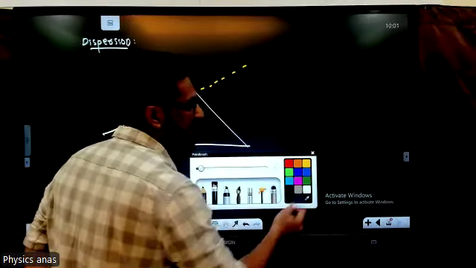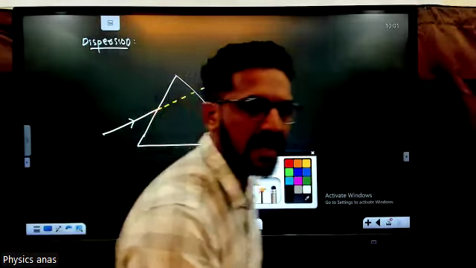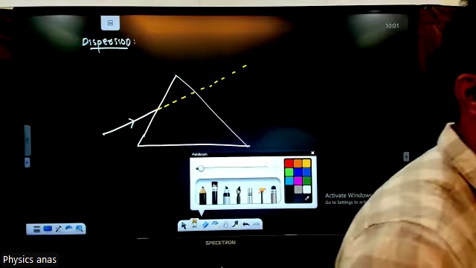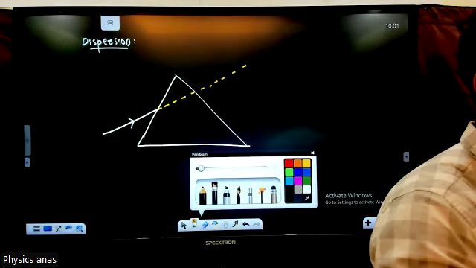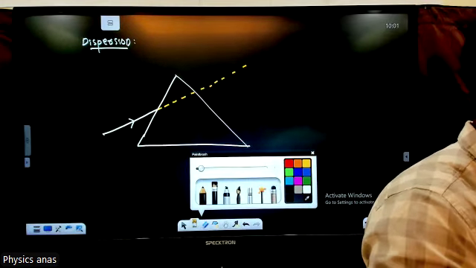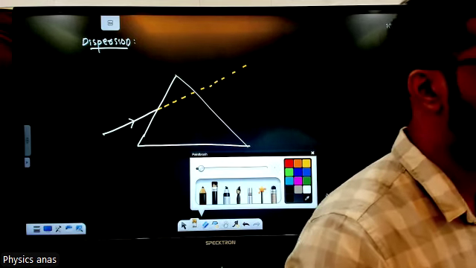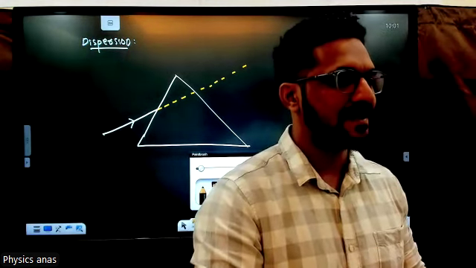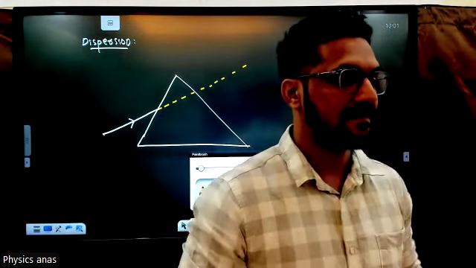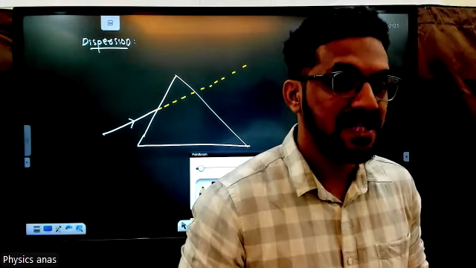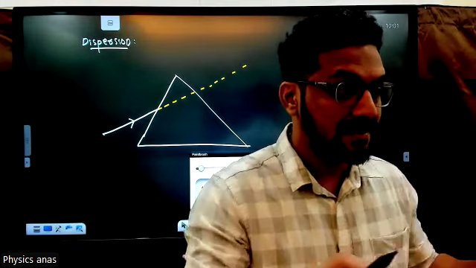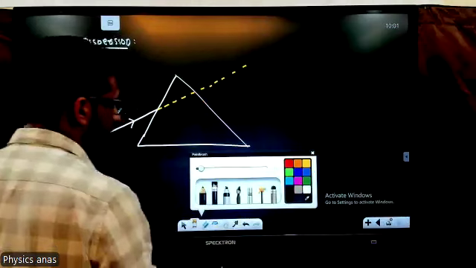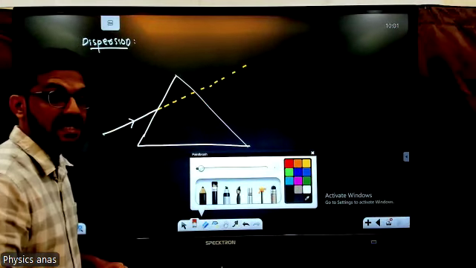And light will get refracted. Not only that, it will get dispersed also. What is dispersion? White light is splitting into its component colors. How will that be?